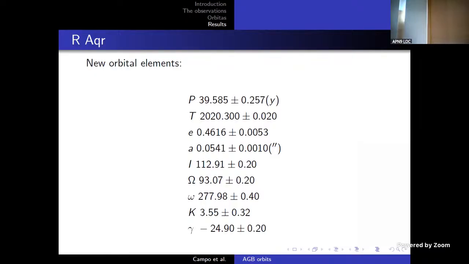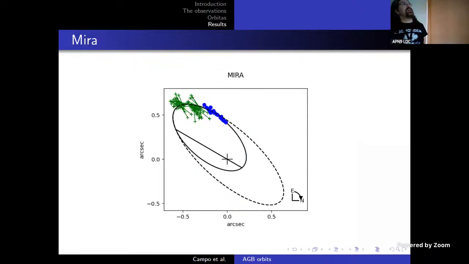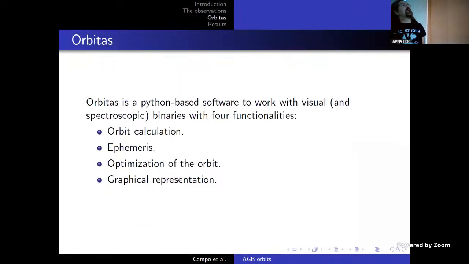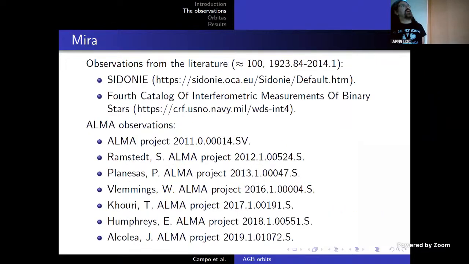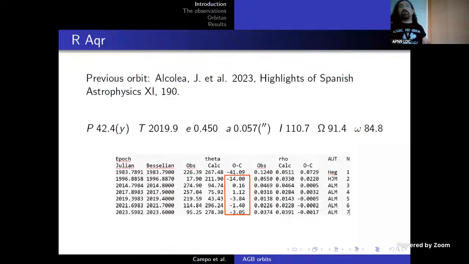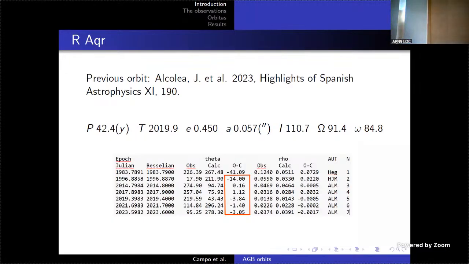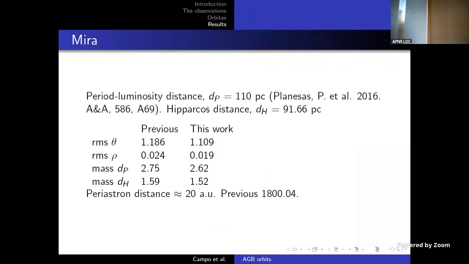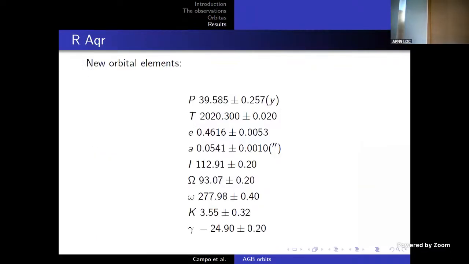No, they can change. If you have new observations, they will usually change. But as you see here, for example, for this orbit, for Araquari, where we have good coverage of the orbit, the difference between these orbital elements and the new orbital elements is not too large.